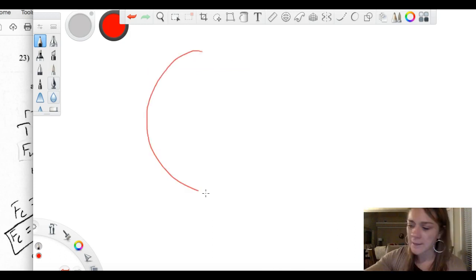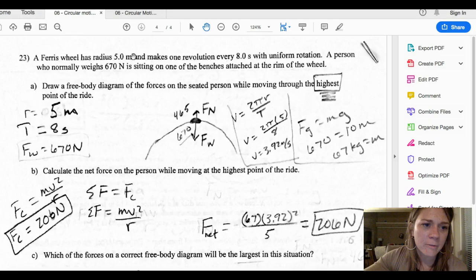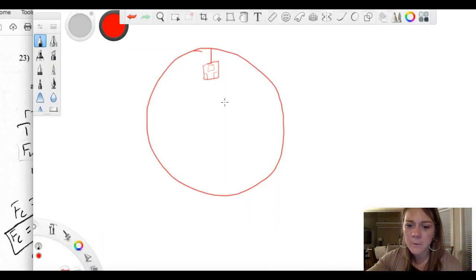So let's think about what a Ferris wheel normally looks like. You normally have this hanging cage, if you will, and then you've got a seat over here and a seat over here. You've got some type of hanging basket. But they want you to draw the free body diagram on the seated person.